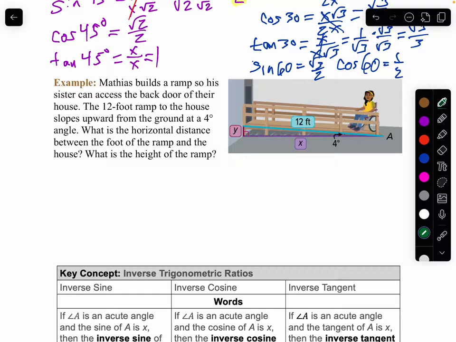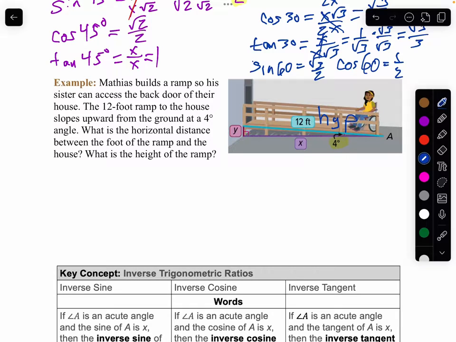First off, look at what you know and what you need to find out. I know I have a 4-degree angle. The hypotenuse of my ramp is the part that she actually rolls up on.